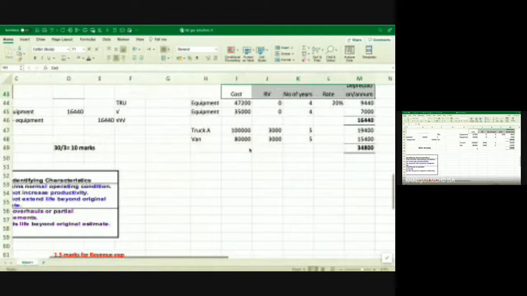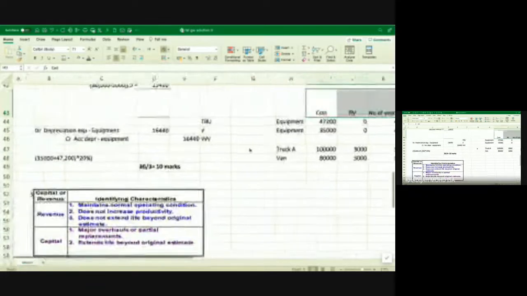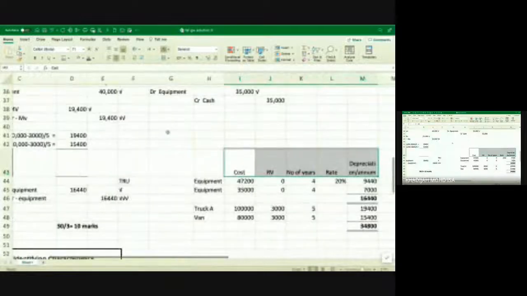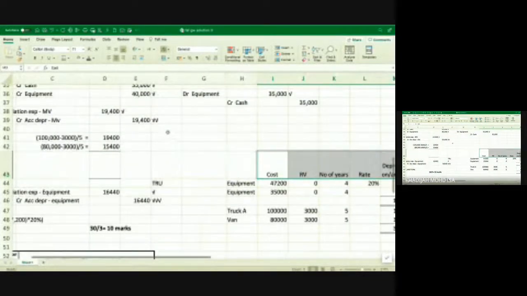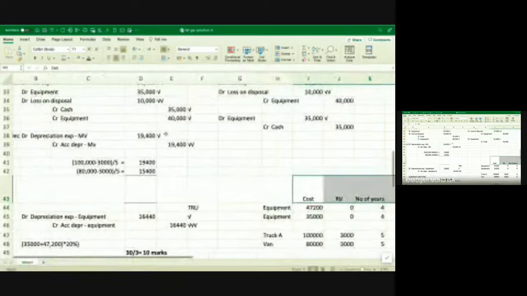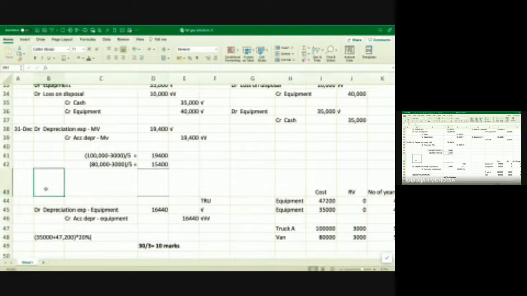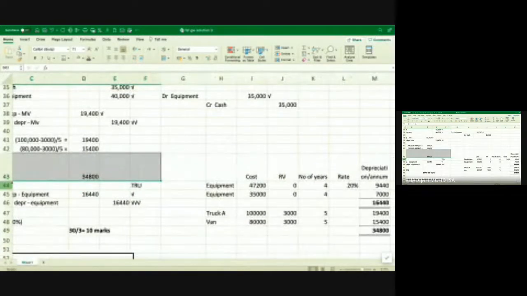All right. Is that all? So you have 16,440 and 19. Kenapa kat sini 19 je? What about this one? Ah, 34,800. Okay.